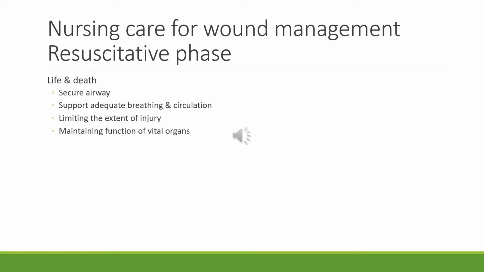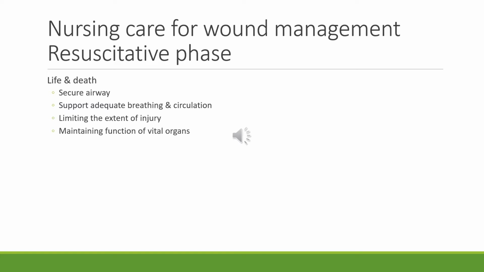Nursing care for wound management in the resuscitative phase. Again, we need to look at life and death. We have to secure the patient's airway, number one, supporting adequate breathing and circulation, whether it is through the use of breathing treatments and/or giving oxygen and ventilation. And then also we need to be looking at limiting the extent of the injury, so caring for the wounds so that we can have the best outcome for that patient.